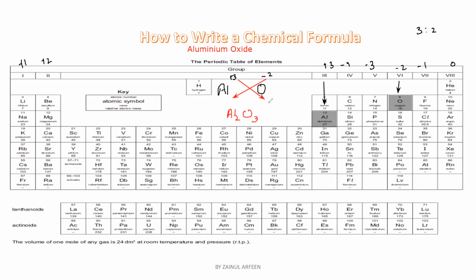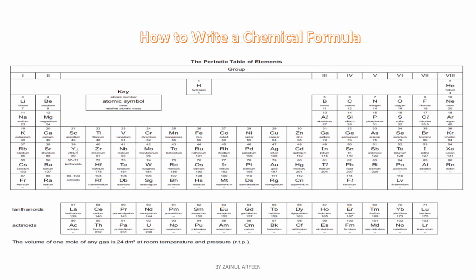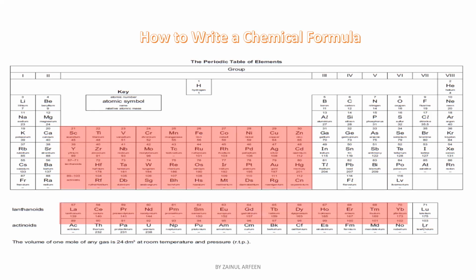Then what about the elements which are present here? They are not in the specific group, and we call them transition elements. So how will you write a formula which includes a transition element? It's very simple because their group is not mentioned. As they don't have a specific group, in the name they specify their charge.